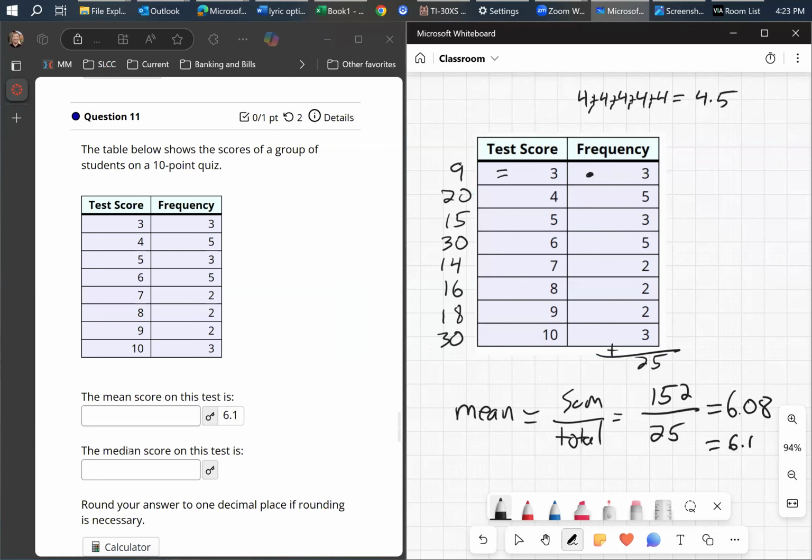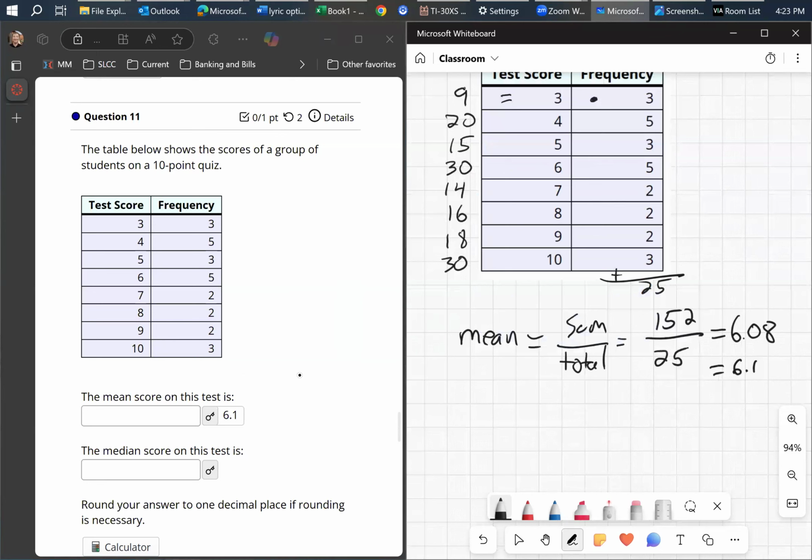Okay, next up, the median. Now I'm going to do this with the percentiles method that's used on the 5-number summary. The median is the 50th percentile. We work that out by taking 0.5 and multiplying by the total number of data.